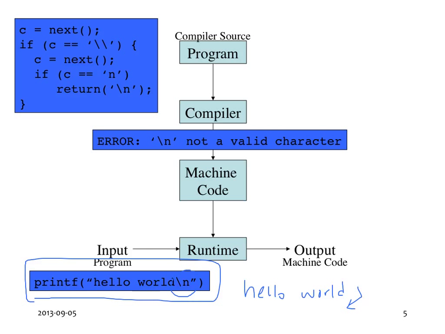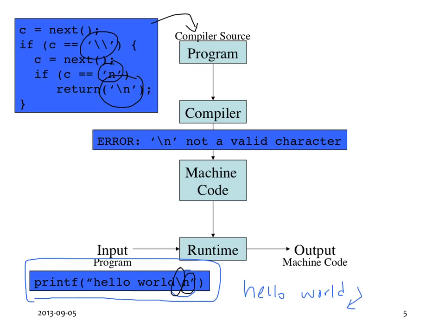If you notice here, it says if c is \, which matches this first \, and the next character is n, which matches this n here, then it returns \n. Now let's say this is somewhere inside the compiler source.